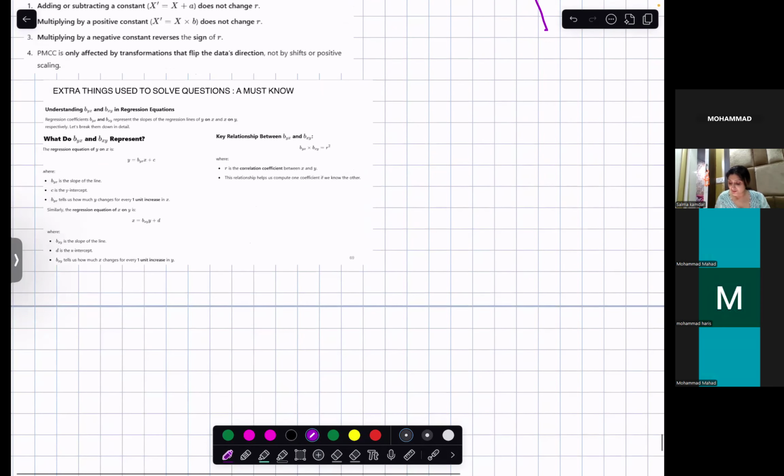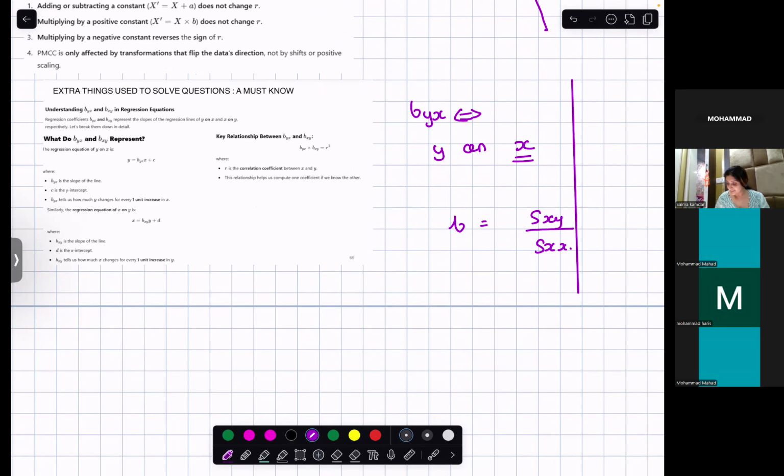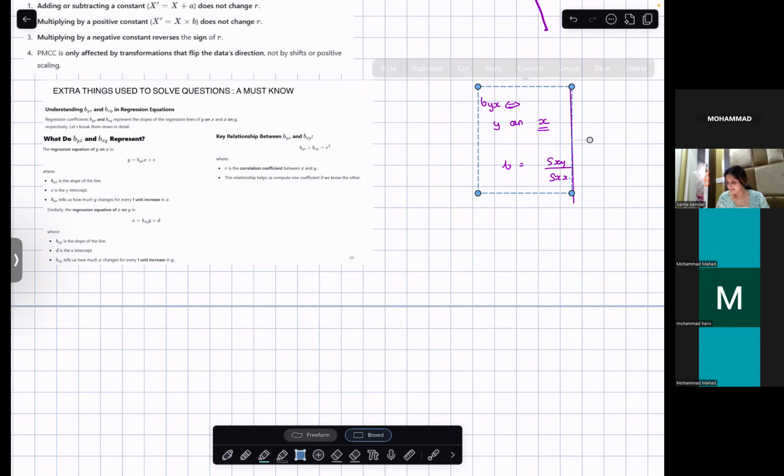There is another thing that you should remember. Byx, if this is given to you, is going to give you the regression equation y on x. So B would be Sxy divided by Sxx.